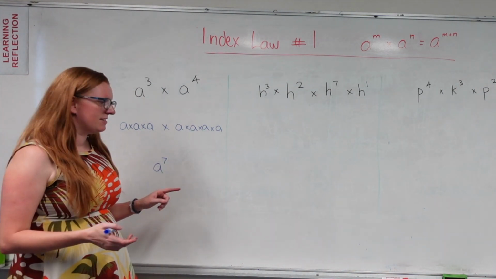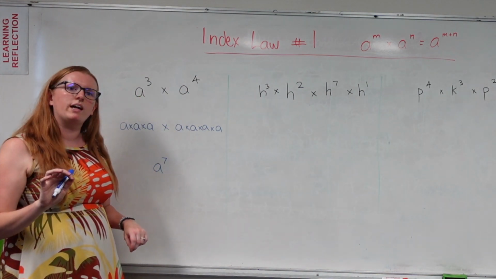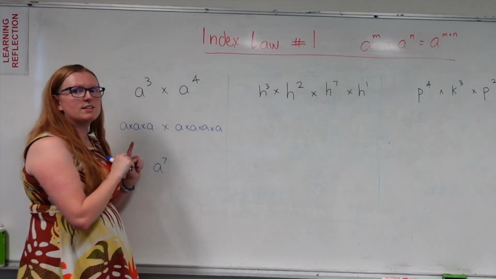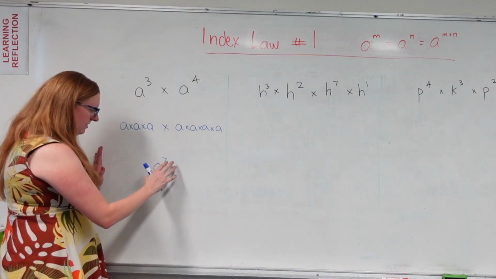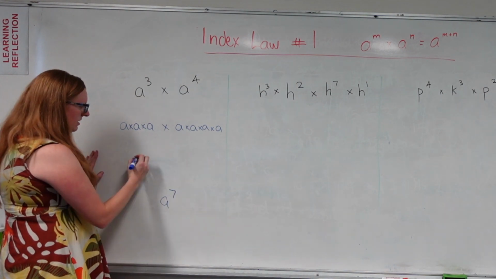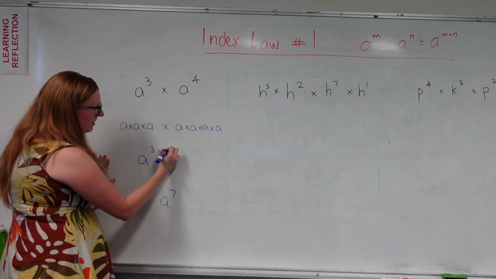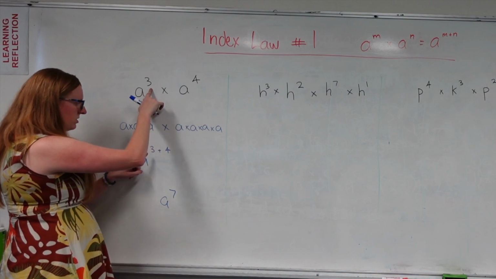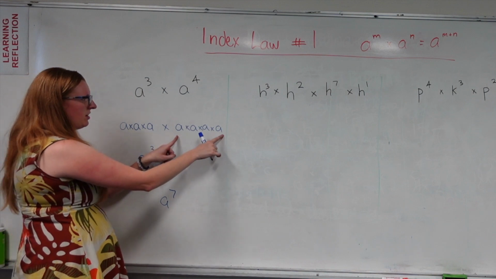Now, how do I get 7 from these two numbers? Is there a fast way that I could get this answer without having to write all 7 of them out? Yes, there is. Another way I could have done it is gone a, and then it's 3 plus 4, because that's what these two indices are, because there's 3 a's here, and then another 4.